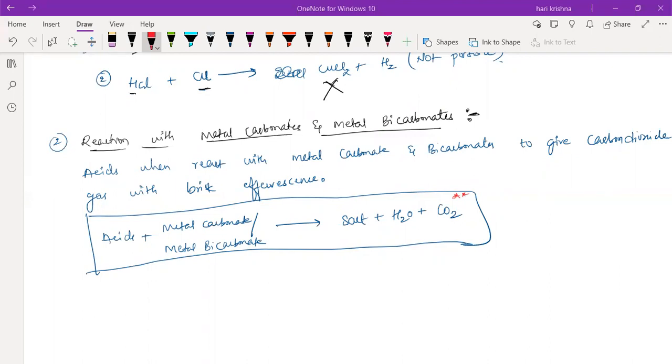That is the effervescence. So you can say CO2 gas shows brisk effervescence most compared to other gases. Okay. So what is the chemical reaction here?